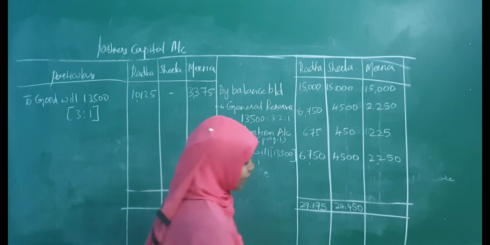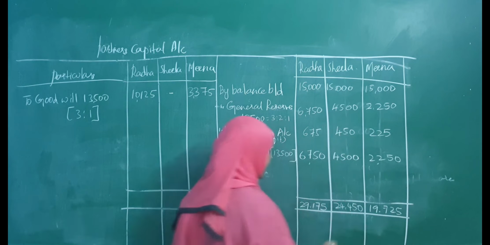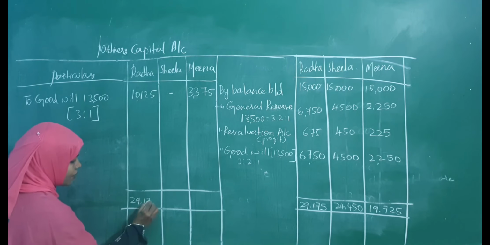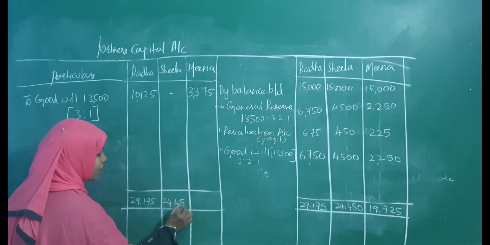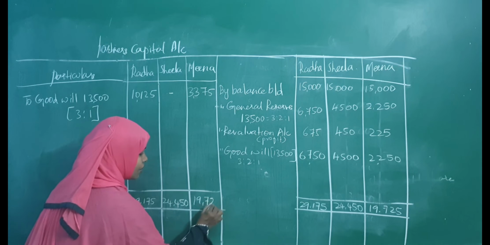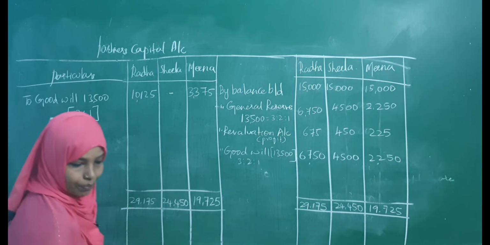Then 19,725. First write off the total because credit side is more. 29,175. Then 24,450. Then 19,725. Fine.